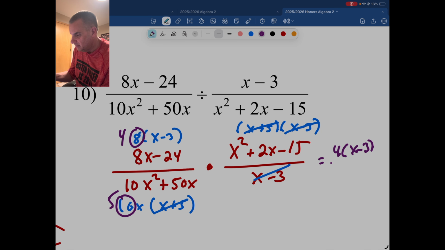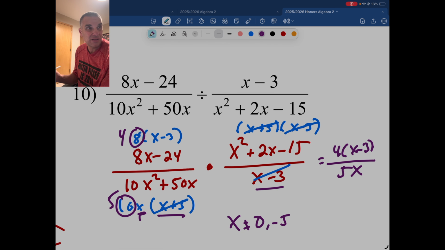In the denominator, 5x. Our excluded values: x can't be 0. X can't be negative 5. X can't be 3. And when we flipped it over, it was just the same ones. So negative 5 and 3. So there's our solutions.